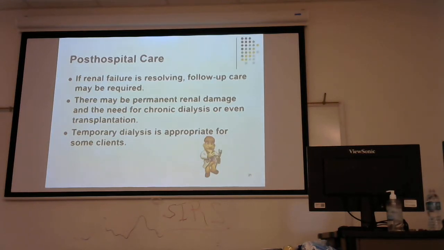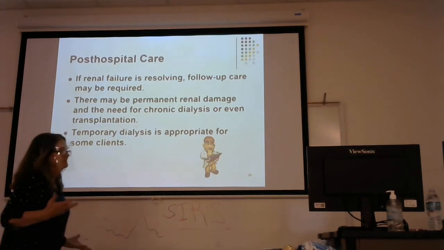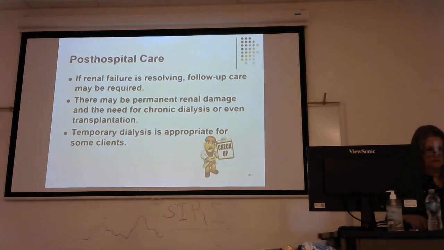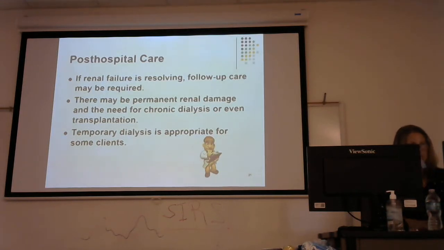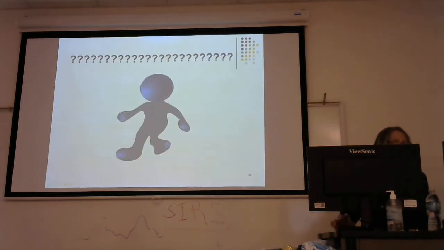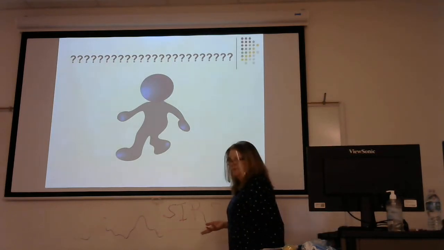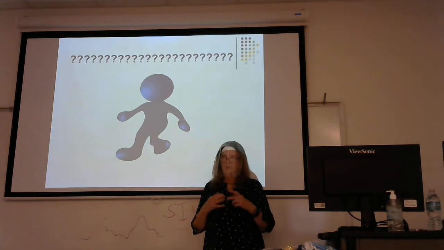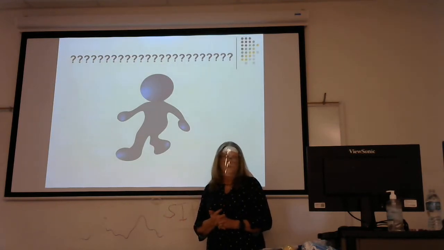If there's permanent damage, they'll be on dialysis, and some patients go home perfectly fine, and they never have another issue with it. So it really just depends on the status of the patient when they leave, and how long they were there, where they started on dialysis while they were there, how much damage did they have.